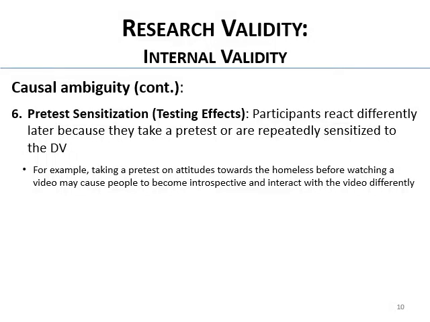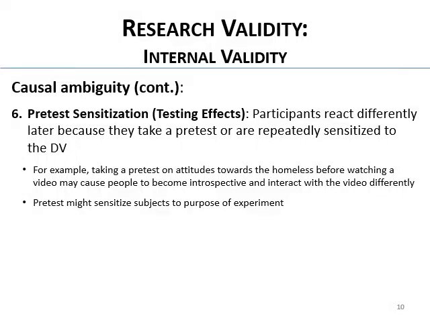Well, just taking the pretest itself may make them introspective about their thoughts about homeless people rather than any effects of your video, which is supposed to influence their opinions on homeless folks. So it's actually the act of having to take a questionnaire about attitudes toward the homeless that changes their behavior, not your video that's supposed to elicit a response.